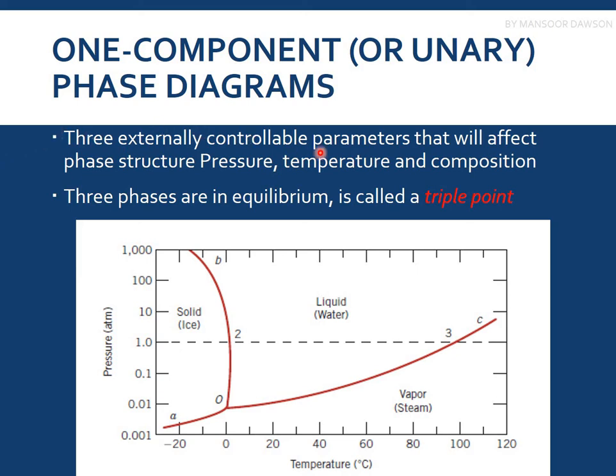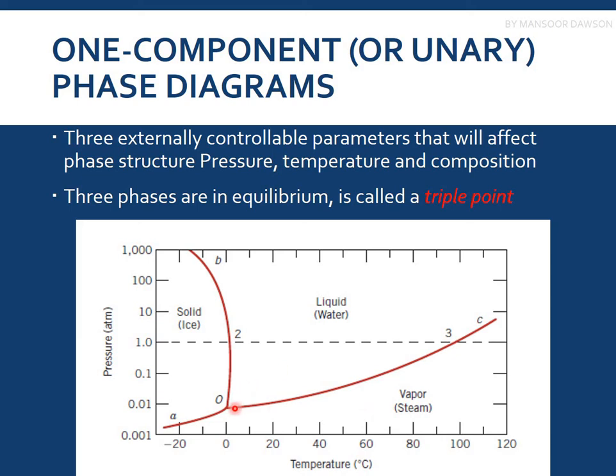The externally controllable parameters that affect phase structure are pressure, temperature, and composition, as I discussed in the previous slides, but here we only take pressure and temperature, because we only have water and no solute dissolved in it. Here you can see that there are three phases: solid, liquid, which is water, and steam, which is the vapor phase.